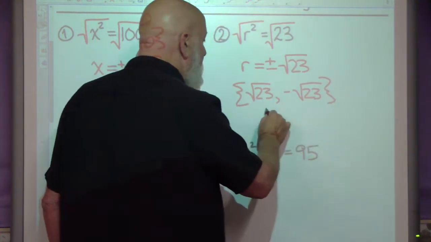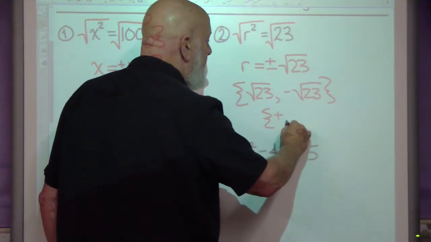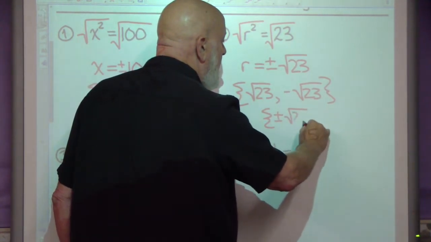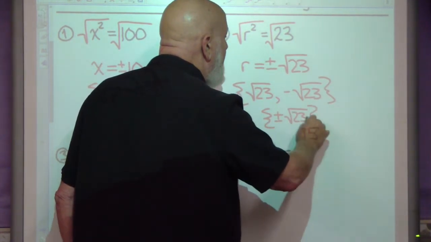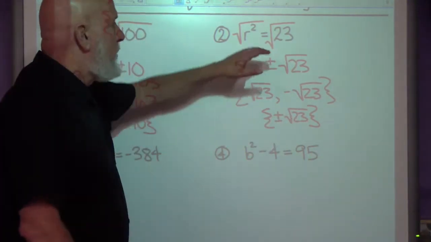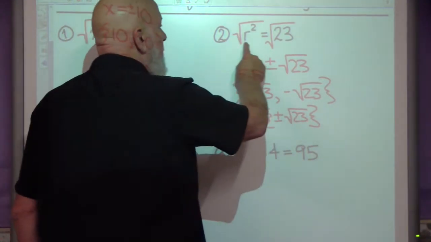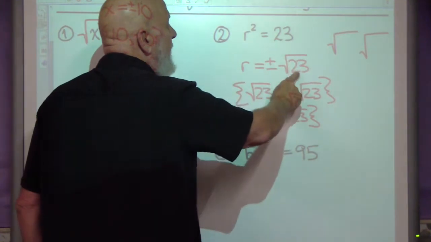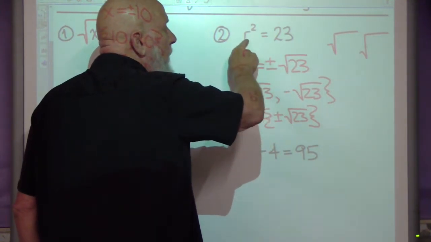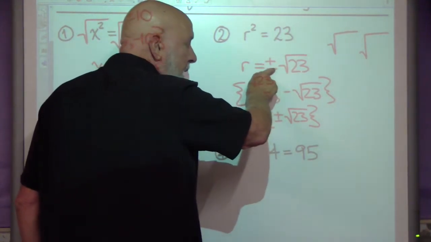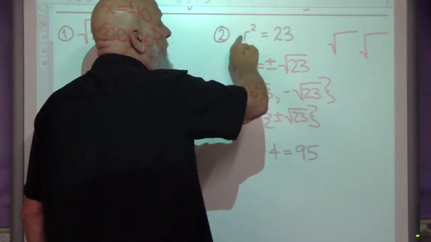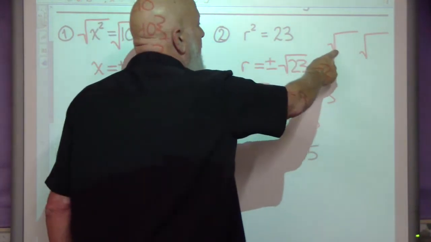Or you could see them written like this. Again, three ways of writing the solutions to this original equation. If I plug in positive radical 23 here and square it, I'll get 23. If I plug in negative radical 23 and square it, I'll get 23.